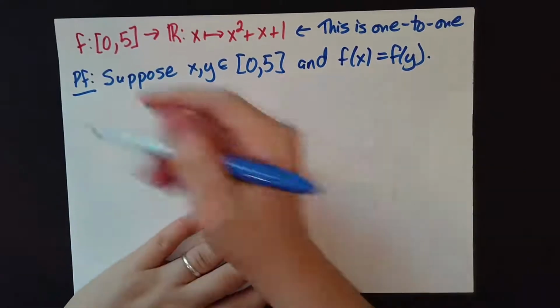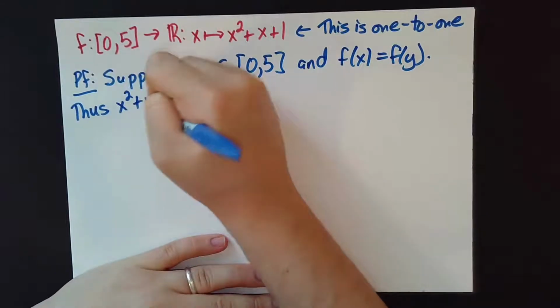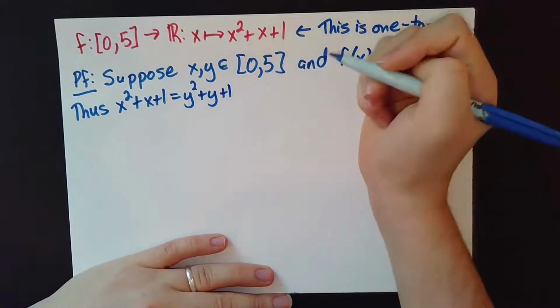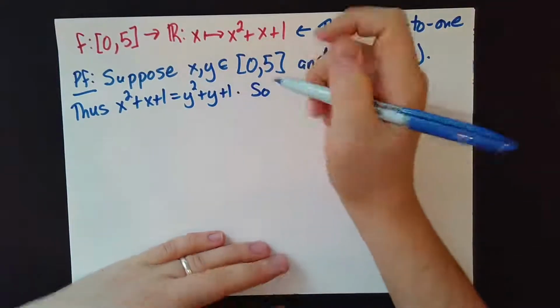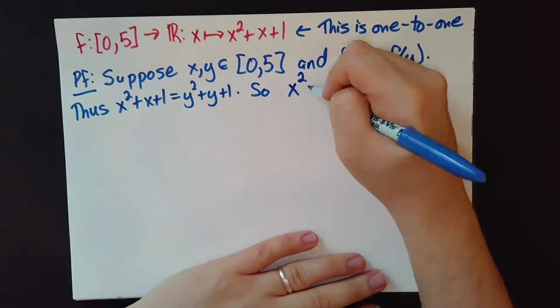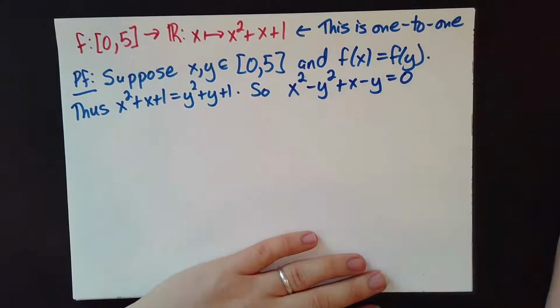Okay. So let's write this out. So thus, x squared plus x plus 1 equals y squared plus y plus 1. So let's subtract everything over. x squared minus y squared plus x minus y equals 0.